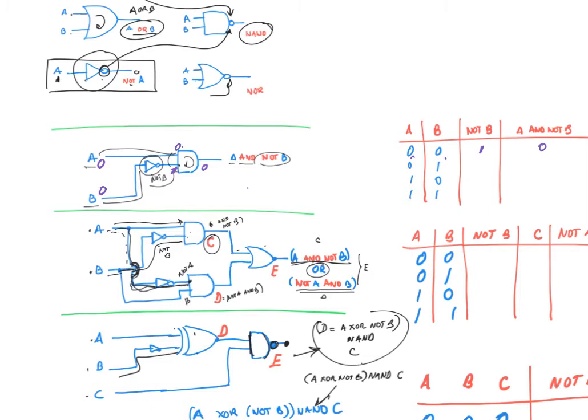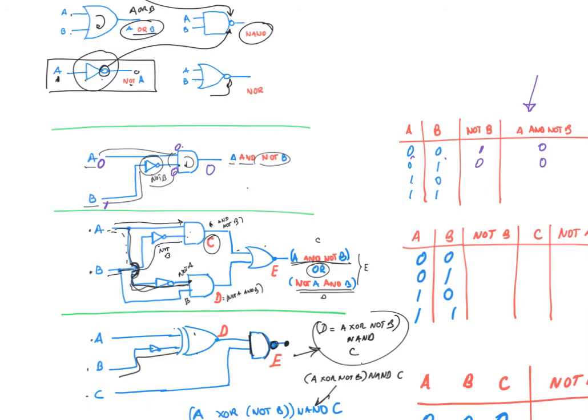All right? So let's analyze the other option. I'm going to erase this. So what happens if B is 1? Not B is going to be 0, and 0 and 0 is 0. And we can just calculate that by looking at this truth table. Let's follow with the truth table.